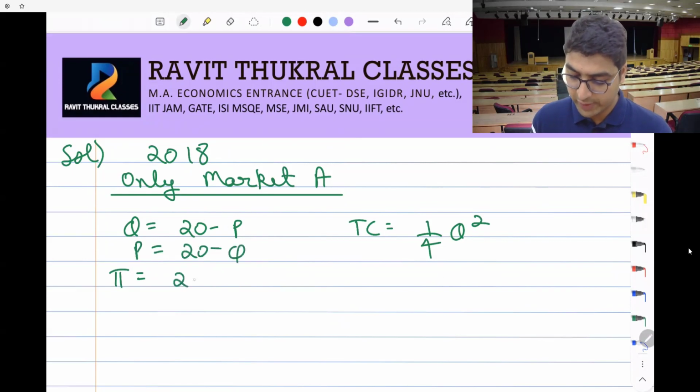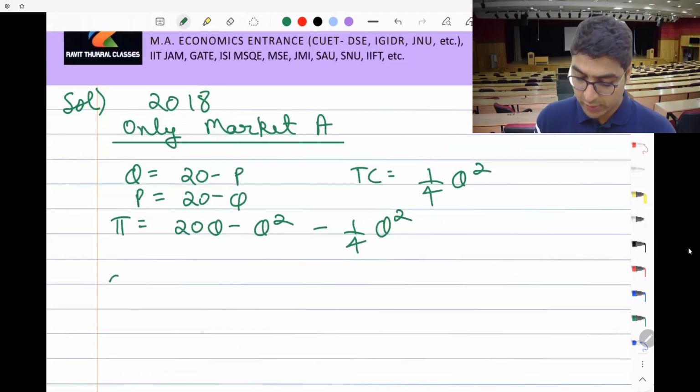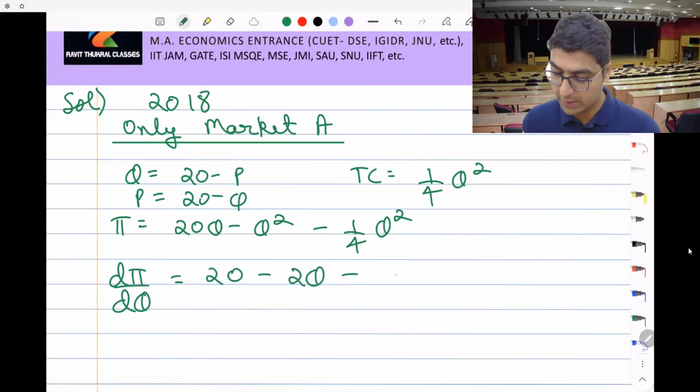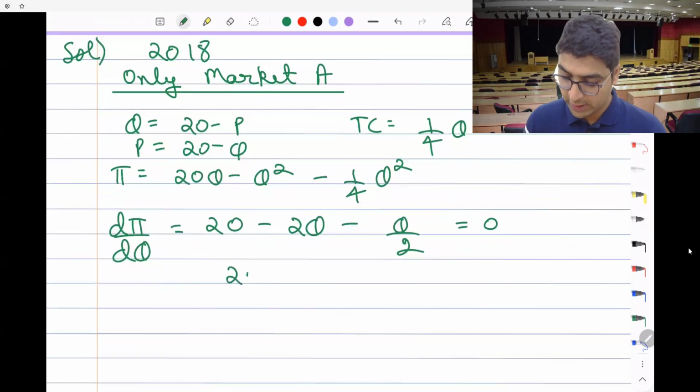So total revenue will be 20Q minus Q square. Total cost is 1/4 Q square. Now d pi by dQ will be 20 minus 2Q minus Q by 2. If I equate it to 0, then what I get is 20 equal to 2.5Q.